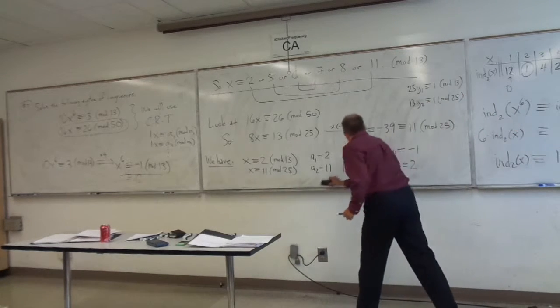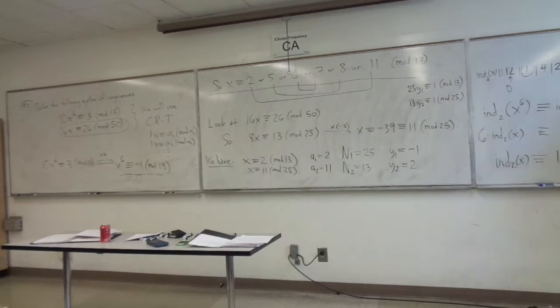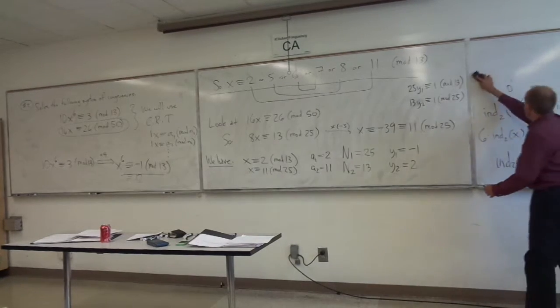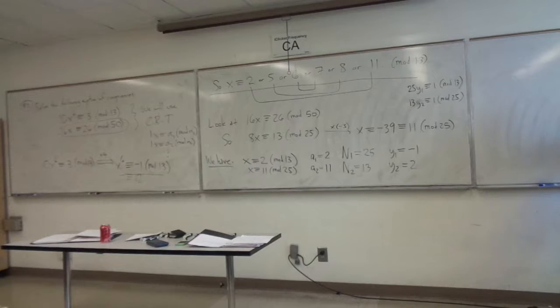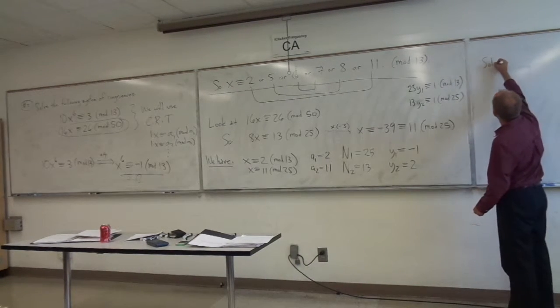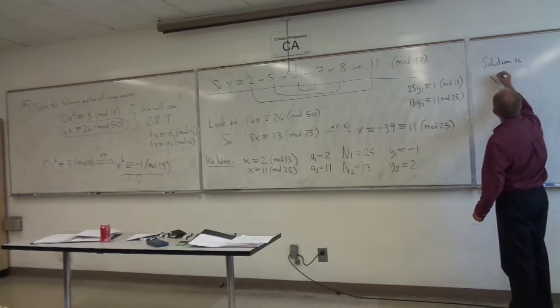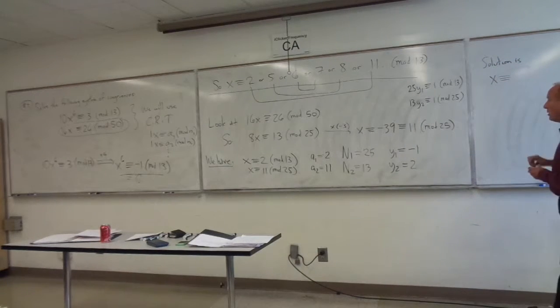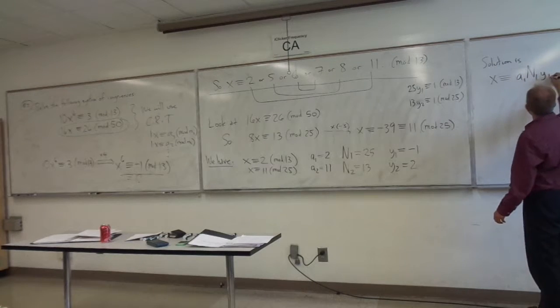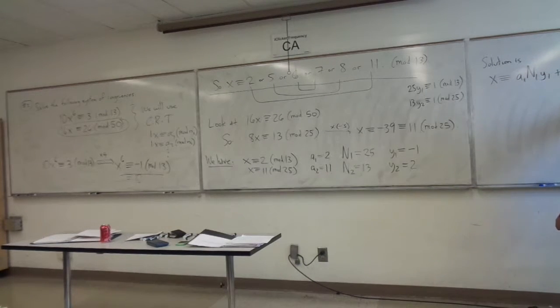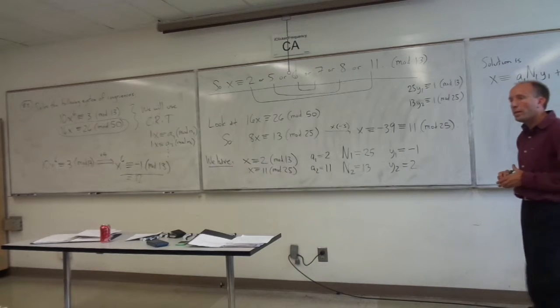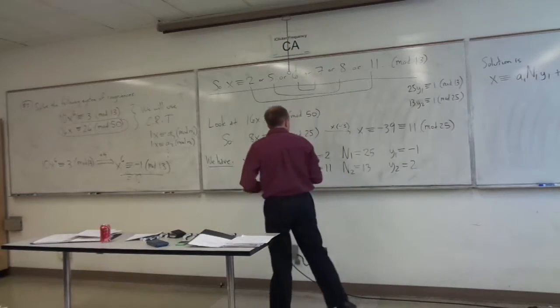Okay, so then once you have that, you just need to be able to write down the answer, which I think you probably remember because it comes up a lot, right? So the solution is x congruent to a1 n1 y1 plus a2 n2 y2, and this will be modulo the product of those mods, which is 13 and 25. 13 times 25 is 325.